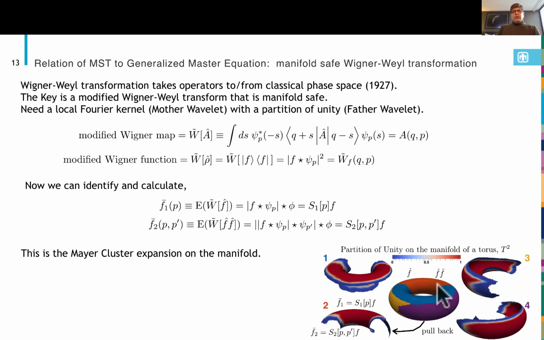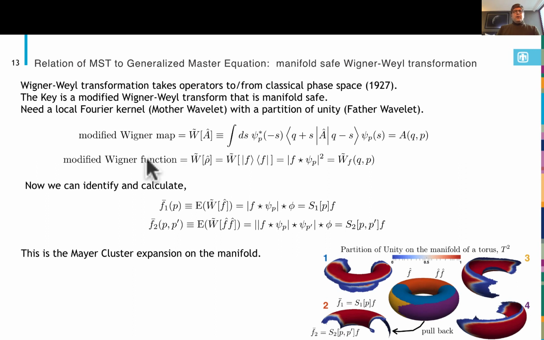And so how do we modify this to make it manifold safe? Well, let's use the father wavelets as the partition of unity to give us these patch functions, and replace the Fourier kernel with the mother wavelet, which is a localized Fourier kernel.